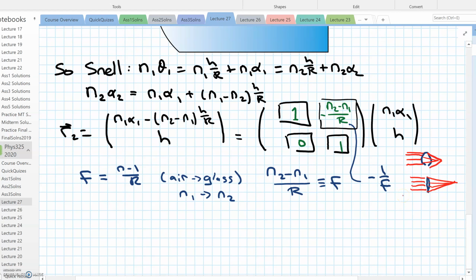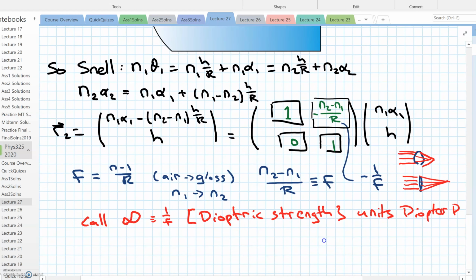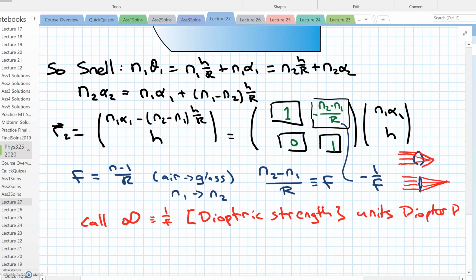So the smaller f, the stronger the lens. So we sometimes call one over f the dioptric strength. That's how strong of a focuser you have. And the units are diopters. One diopter is 1 over 1 meter.